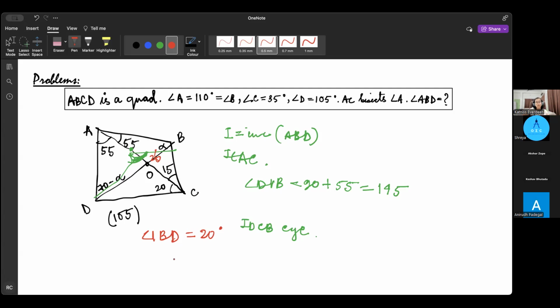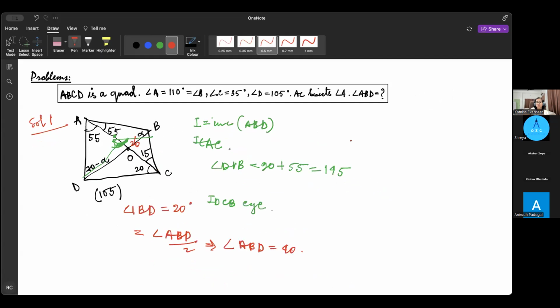Exactly. BI is the angle bisector of angle B, so IBD is just ABD by 2, and so we have that angle. So angle ABD by 2 gives us angle ABD is 40 degrees. Okay, that was solution 1.